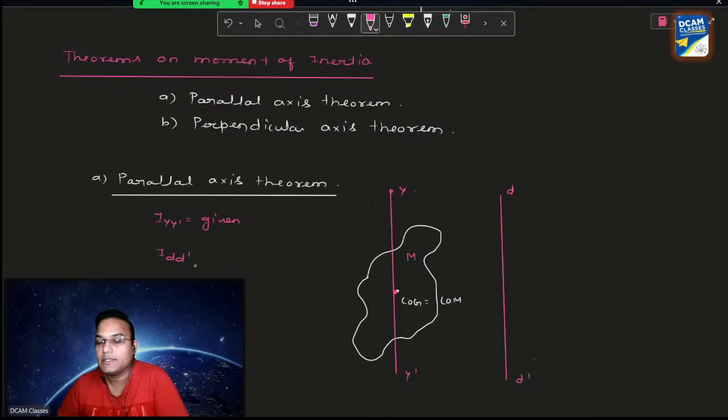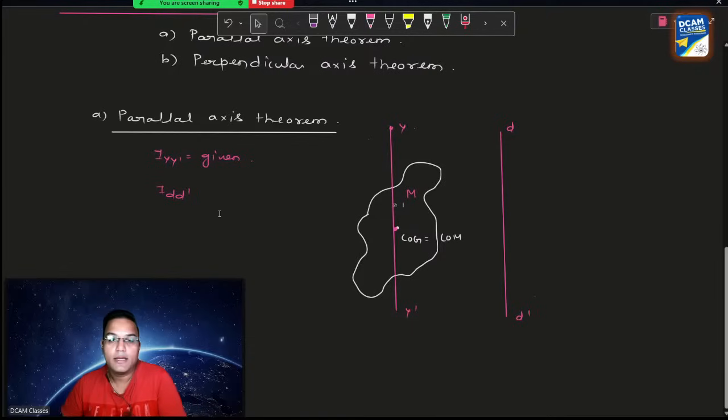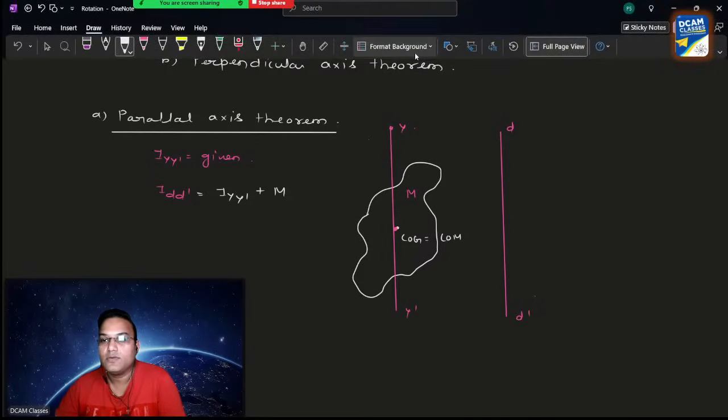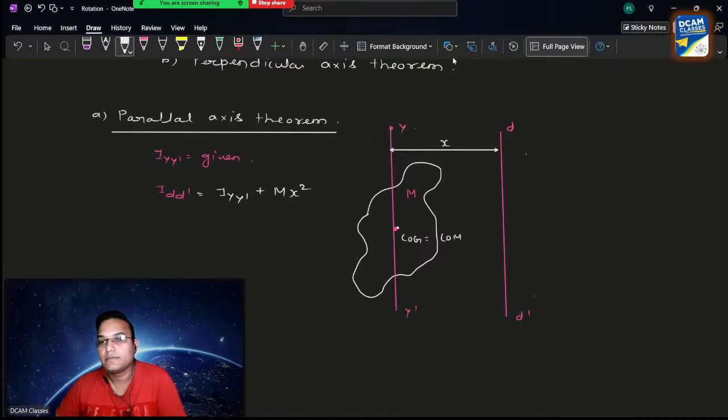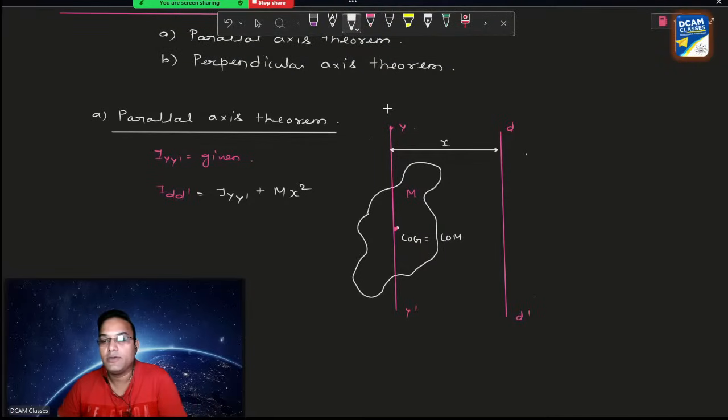The mass of the body is capital M. According to the parallel axis theorem, IDD dash is given by IYY dash, the moment of inertia of the body about center of gravity, plus its mass into the distance between the two parallel axes. Suppose that distance is x, then M into x square. This is what the parallel axis theorem is. Now just tell me, did you understand this?